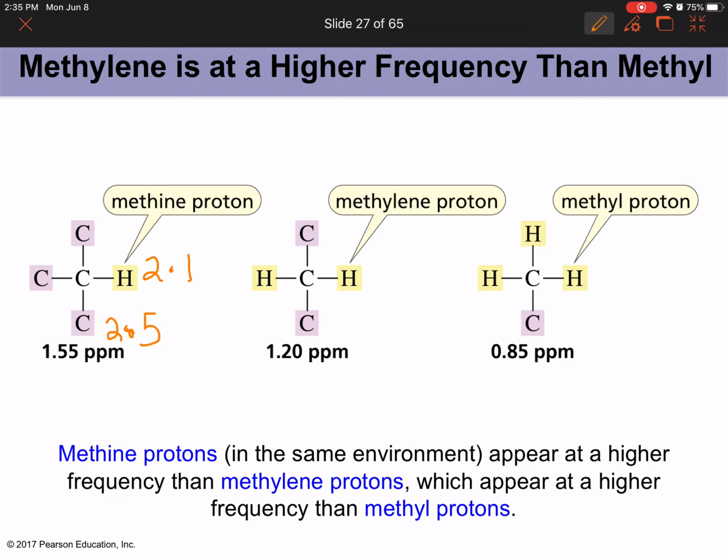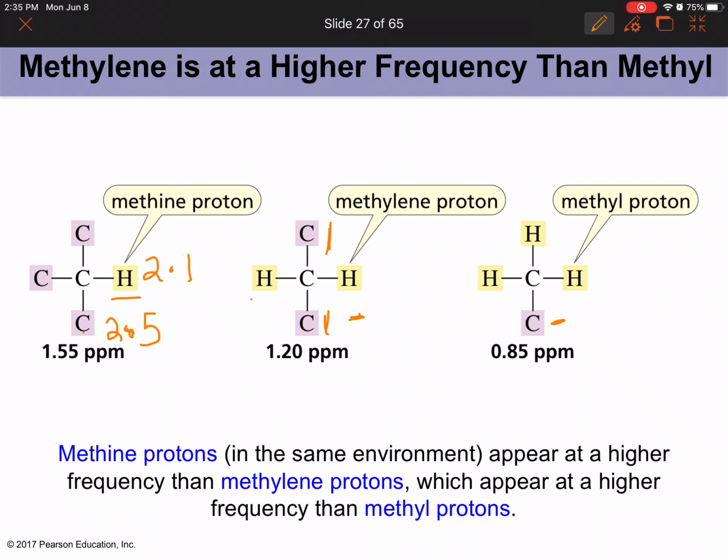Carbon is more electronegative. So in the methine proton there are 3 carbons that are electronegative, whereas for the methylene proton there are 2 carbons that are electronegative, and hydrogen is the next one. And the methyl proton has only 1 carbon that is electronegative compared to hydrogen. So remember we talked about how the signal appears.